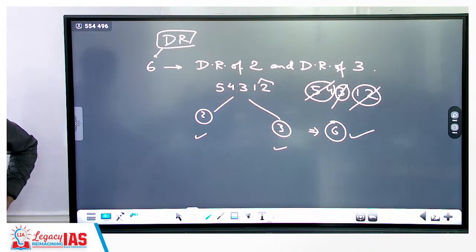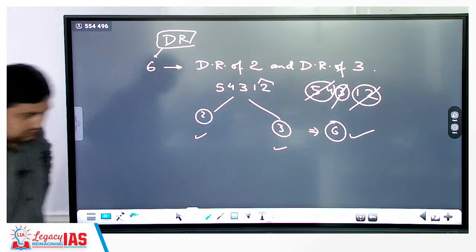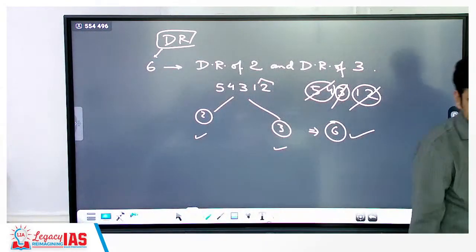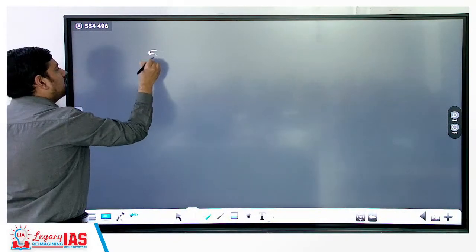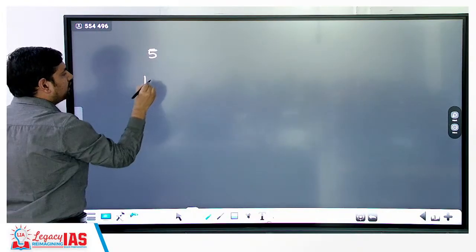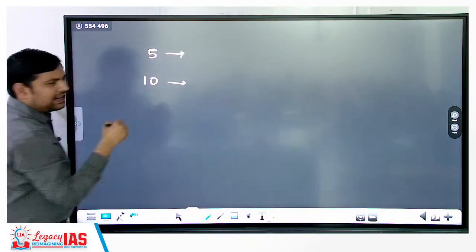Fine. Then next. Next set is divisibility rule of 5 and 10.